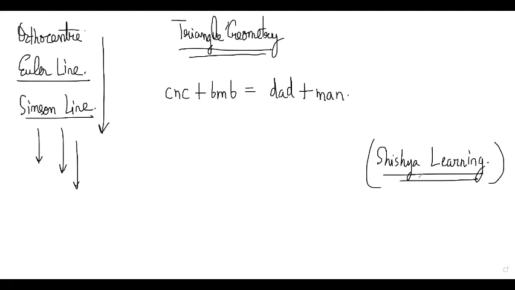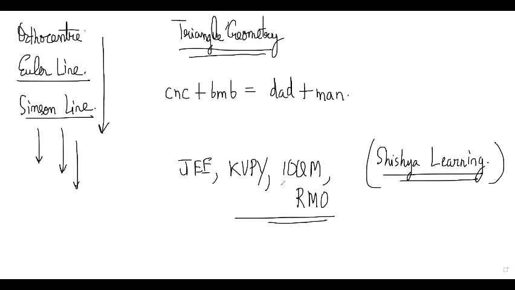This level of trigonometry is important for KVPY. It is important for all the exams: JEE, KVPY, IOQM, RMO and INMO. If you look at any higher level exam, even the Olympiad exams, when you see the solutions to INMO questions, you will realize that there is a pure geometry solution and also a bashing method.